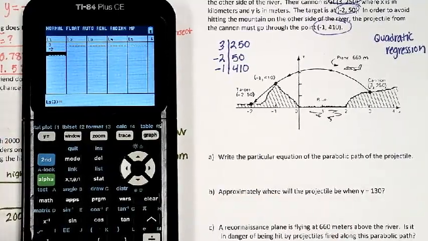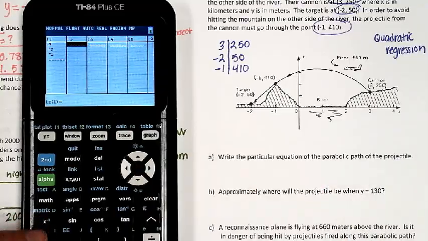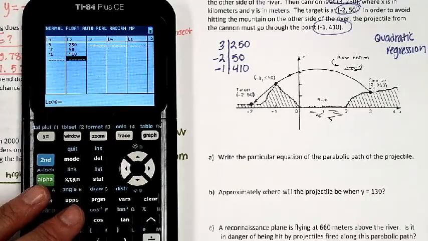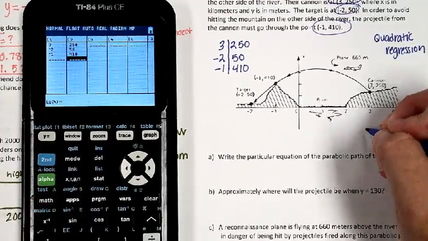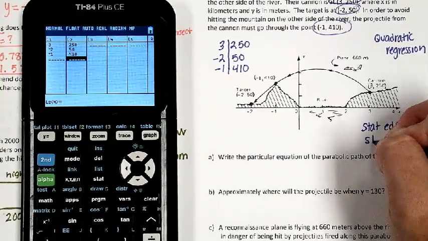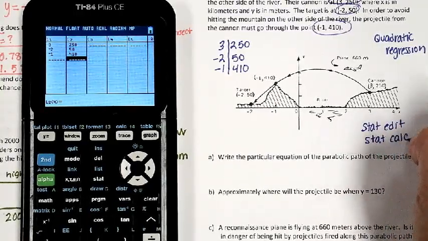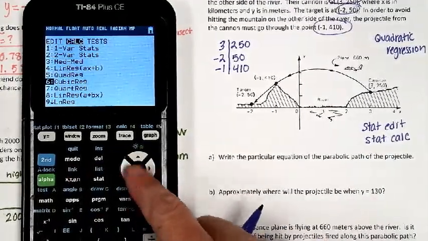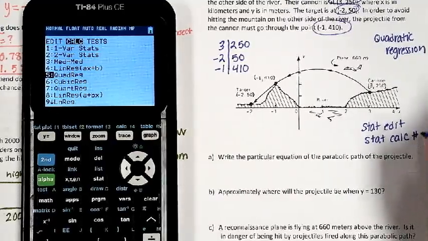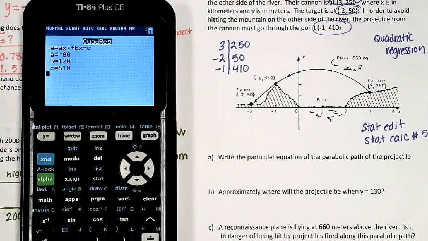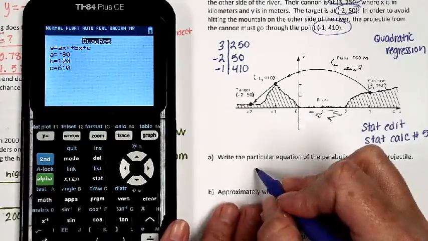So remember stat, edit. And we're going to do the stat calc. Close that, scroll over to calc, and this time we're going to do quadratic, which is 5. Enter, calculate. And we have the equation y is equal to negative 80 x squared plus 120x plus 610.